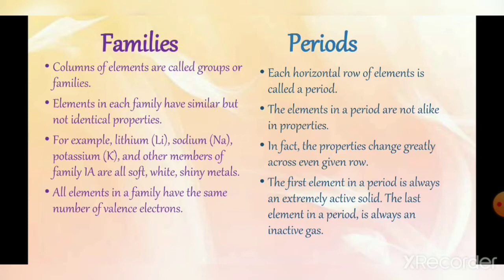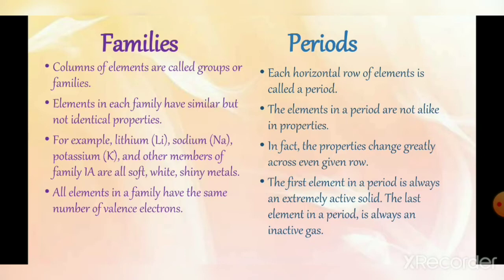Even some of the metals from this group, for example sodium, we can cut with the help of a knife. In periods, in fact, the properties change greatly across even a given row. But in families or groups, you will get the same, or similar, properties.